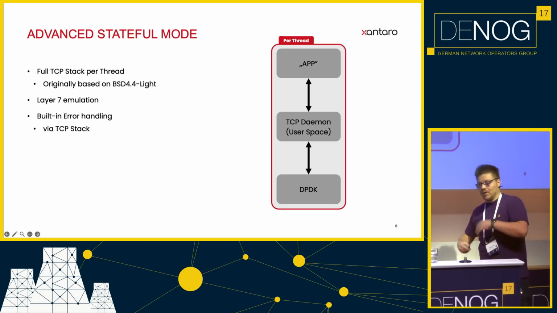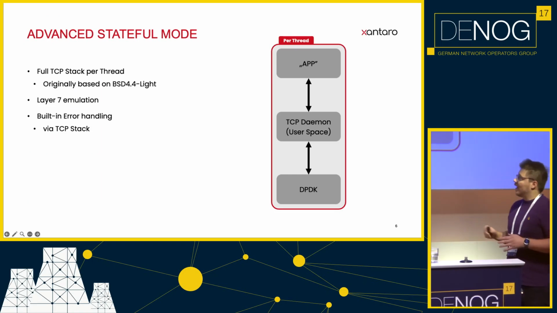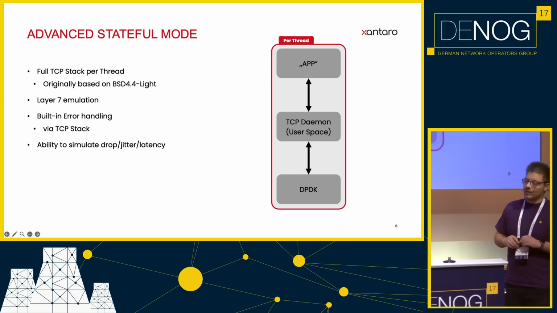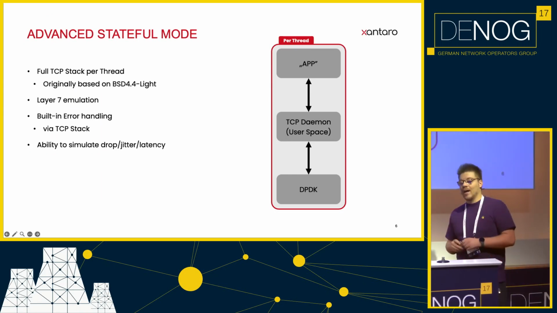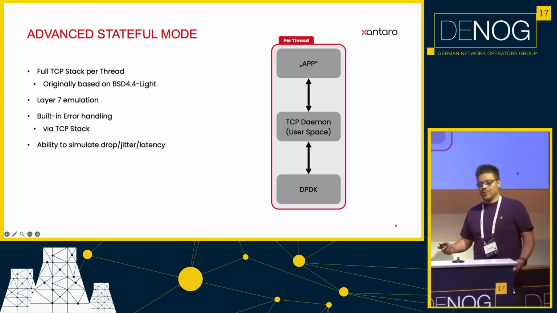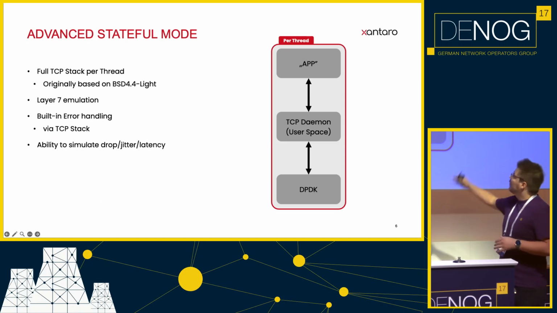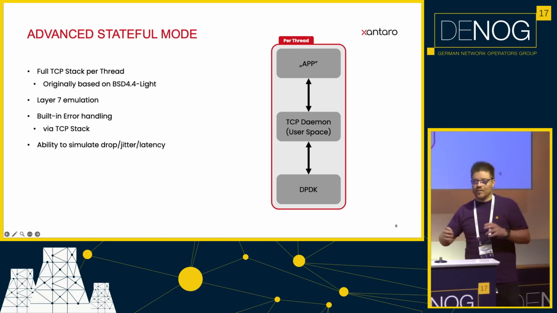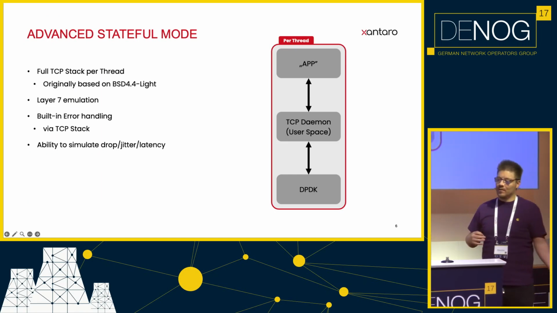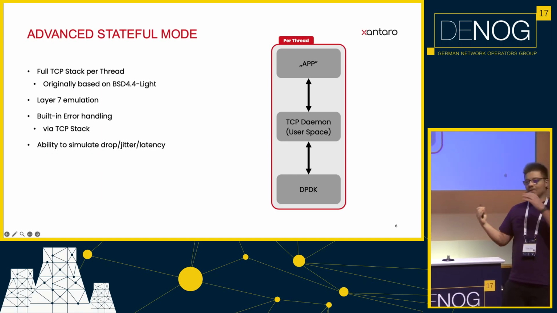So ramp down, ramp up, it's all handled by the stack. And of course, as every good testing solution should, you can provide values for jitter, latency, or drop rates that will be introduced. As you can see on the right side, there's a quick overview of how the communication works. Your simulated apps talk to the TCP stack, which then reads and writes from the DPDK buffers.